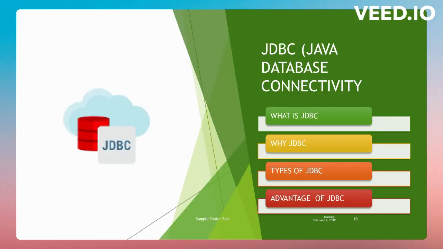Come to JDBC, the Java Database Connectivity. Basically, we are using this JDBC to connect to the database server, and with its help we add or remove data or communicate data through the database connectivity.